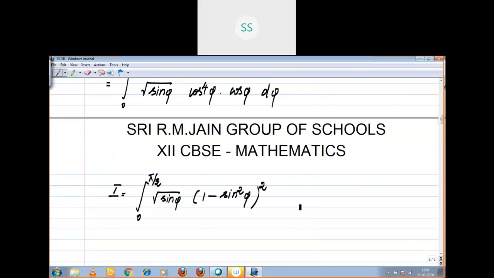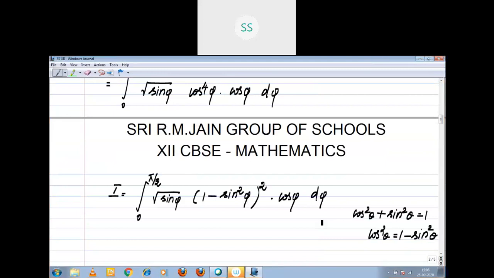Got it, children? Now into cos phi d phi. Right? I'm going to write it here. Cos square theta plus sin square theta equal to 1. Then cos square theta equal to 1 minus sin square theta. Here cos power 4, so cos square into cos square. So I wrote it as 1 minus sin square phi the whole square.